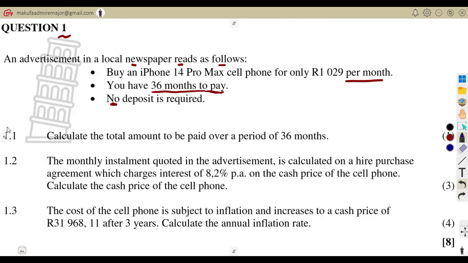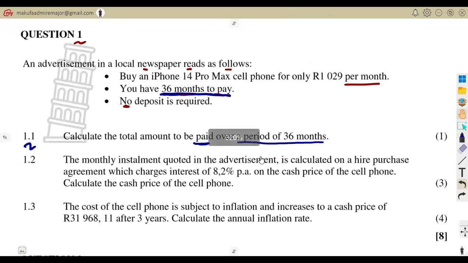So the question was, on 1.1, calculate the total amount to be paid over a period of 36 months, which is this period that you are given here. You have 36 months to pay.